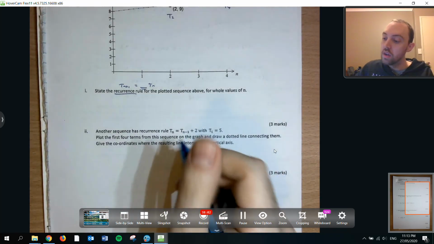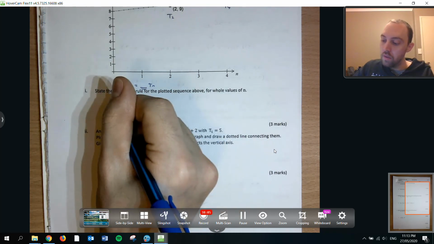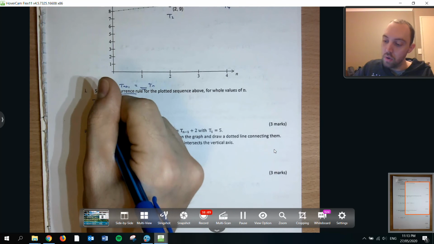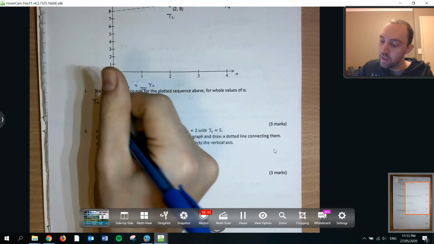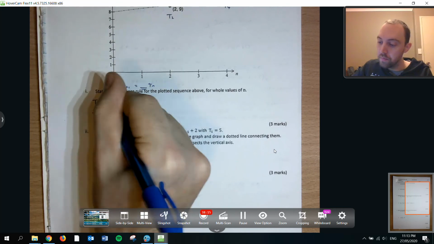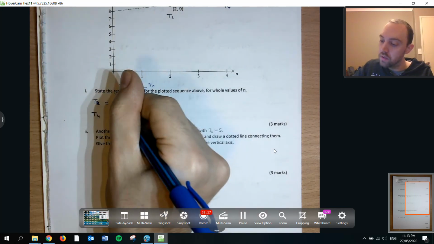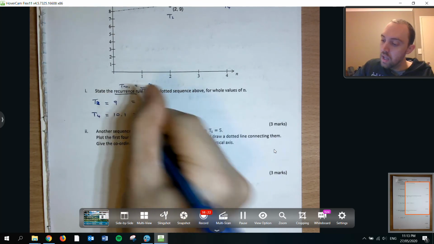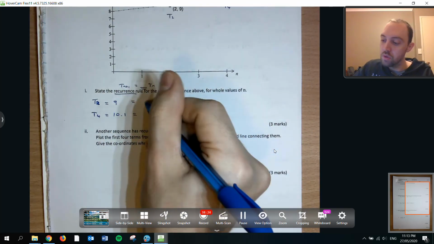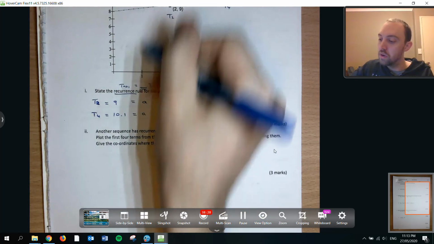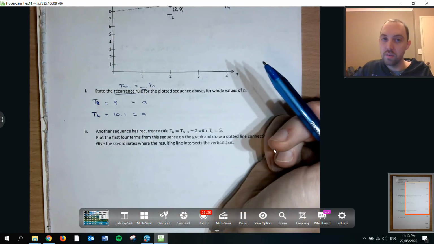Okay? So if you would like, what we can use is the non-recursive rule and describe T2 and T4, which we know are 9 and 10.1, in terms of A, which we don't know. The first term, we're not sure, it doesn't tell us.